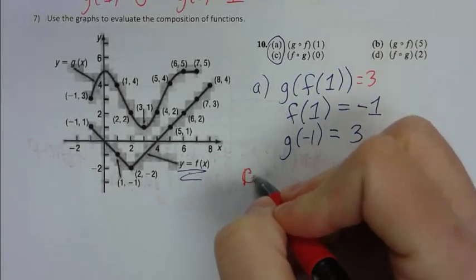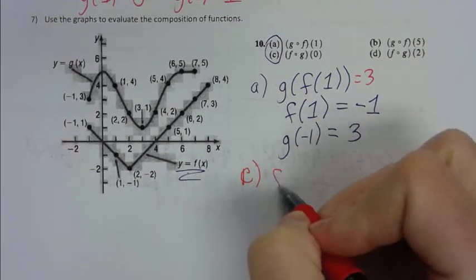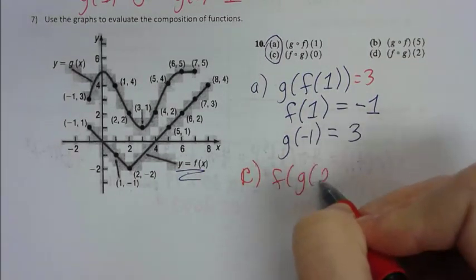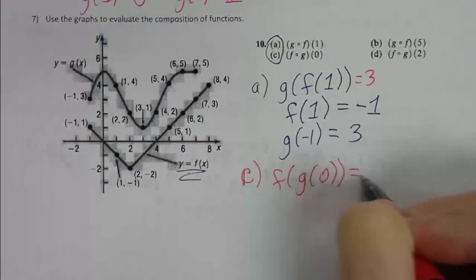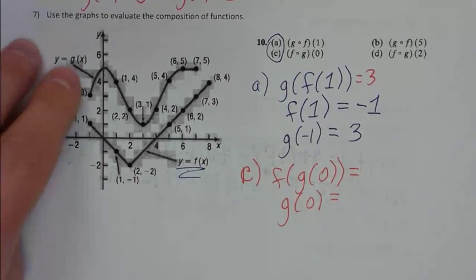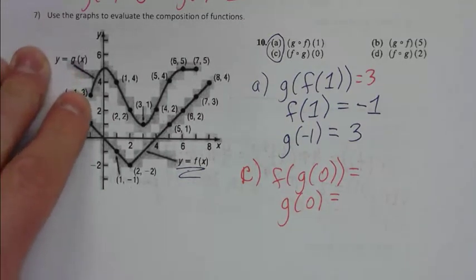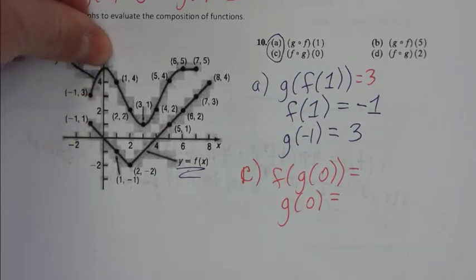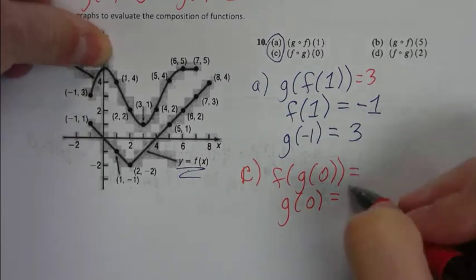All right, question C, we are doing f of g of 0. So we got to do g of 0 first. So in our curvy problem, 0 is up at 5 right here. You can see that g of x at 0 would equal 5.